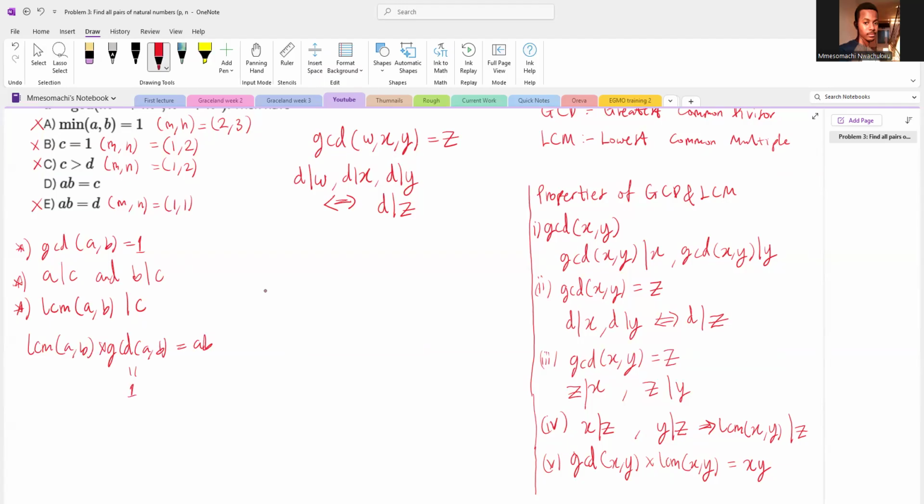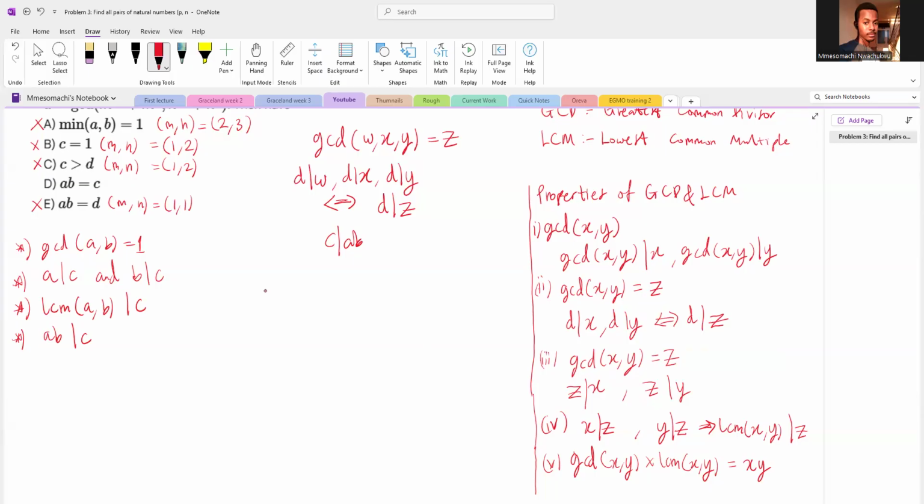Okay, so basically, we combine that to get this next statement that AB divides C. Okay, so now we have AB divides C. So I want to try and get that C divides AB, and then if we have AB divides C and C divides AB, the only possibility is that AB is equals to C. Okay, so now I'm done proving that AB divides C.